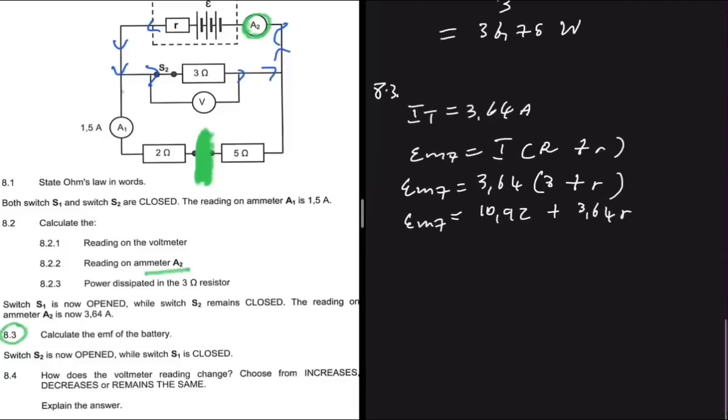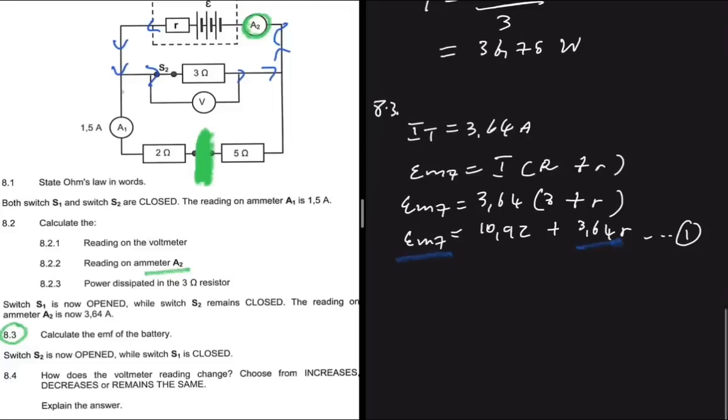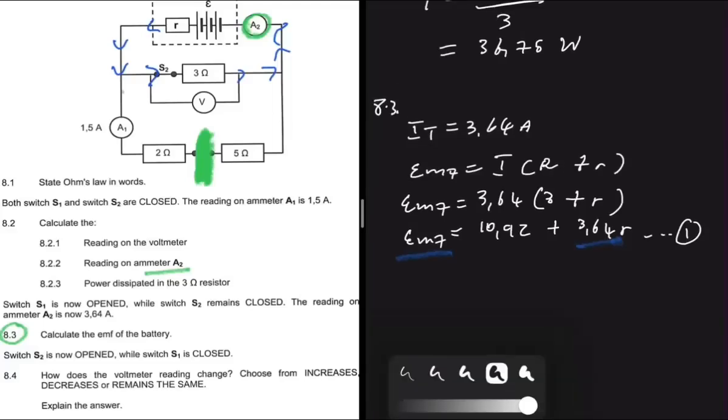As you can see, we're looking for the EMF, but we don't have the internal resistance. So we're stuck. We have one equation and two variables. We can call this equation 1 and try to find another equation so that we can solve simultaneously.